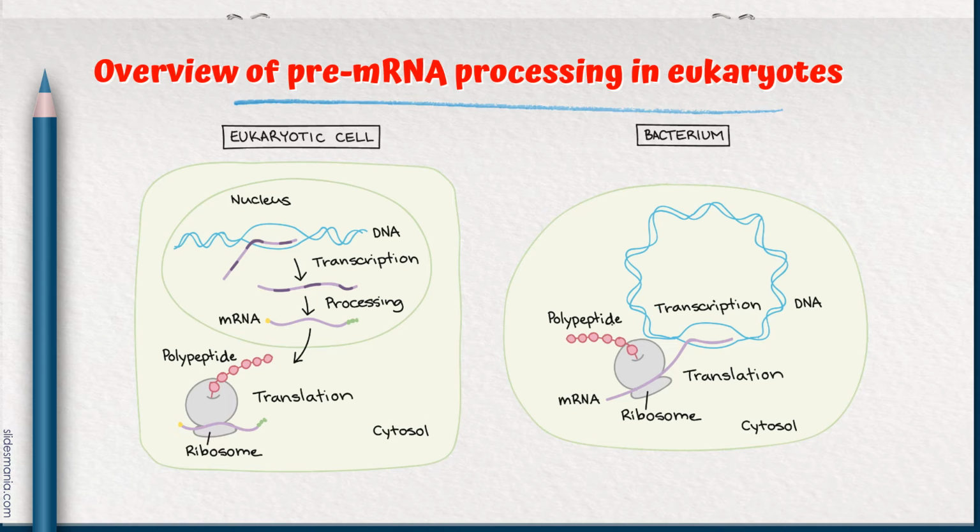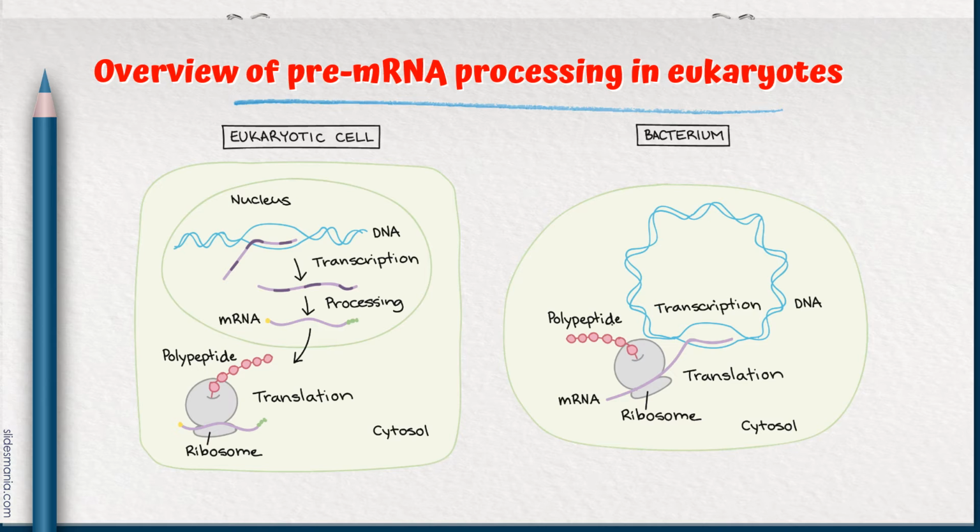In this slide, you will see the left panel, which is the eukaryotic cell, and on the right panel is the bacterium. In the eukaryotic cell, in the nucleus, a pre-mRNA is produced through transcription of a region of DNA from a linear chromosome.